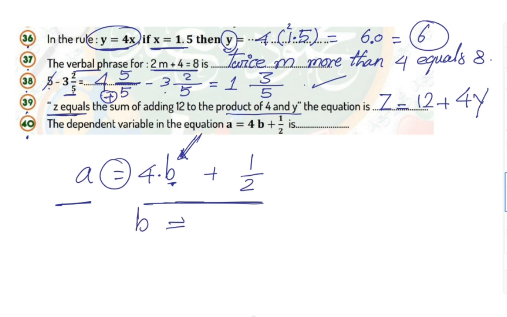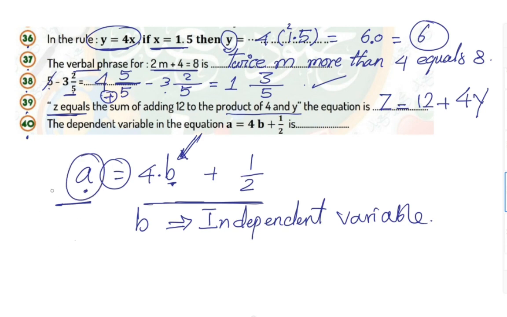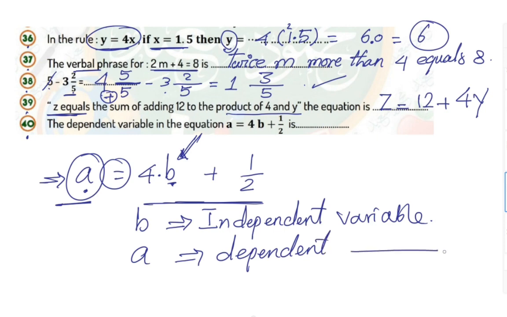So b will be the independent variable, and of course the unknown variable is just a at the left side. So a is the dependent variable, right? He asks us here about the dependent variable a.